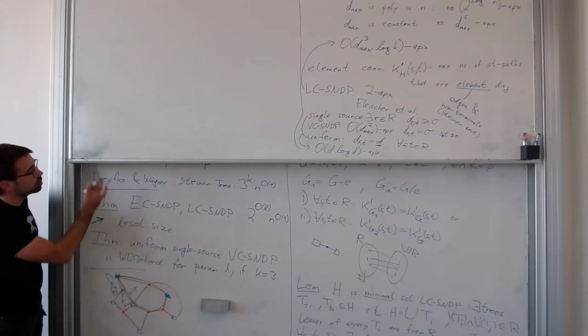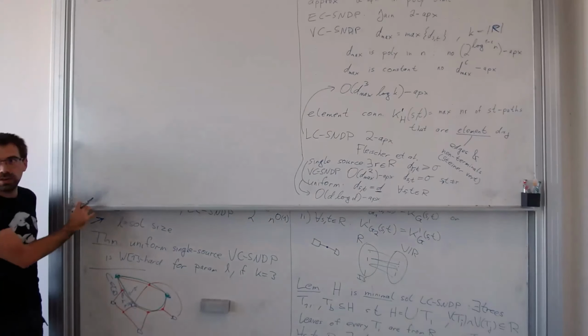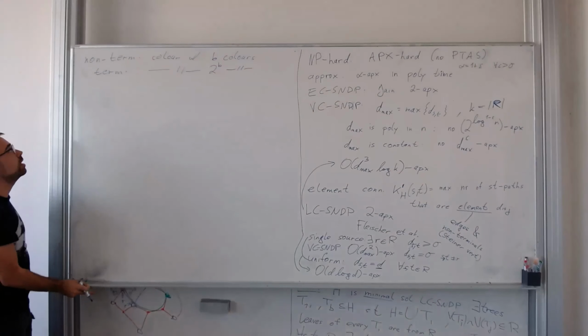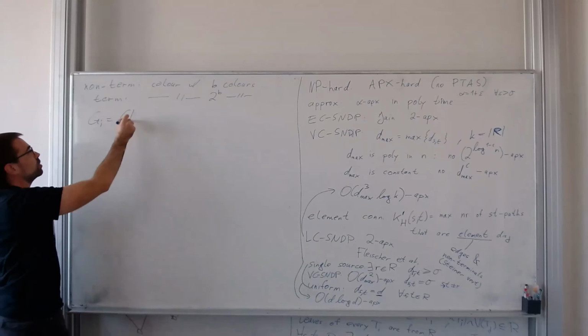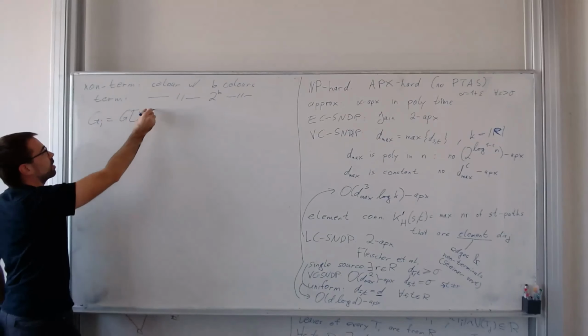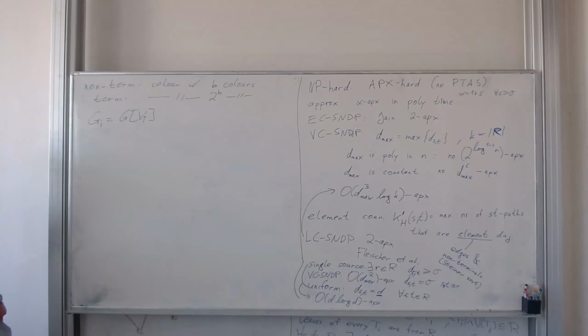Or you can see it this way: you just take the graph induced by a color. So you look at G_i, which is the graph induced by the vertices that have a color i, which for terminals might be several colors, but at least one of them is i.